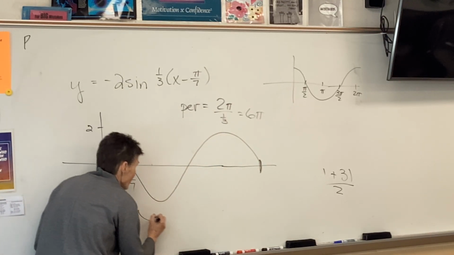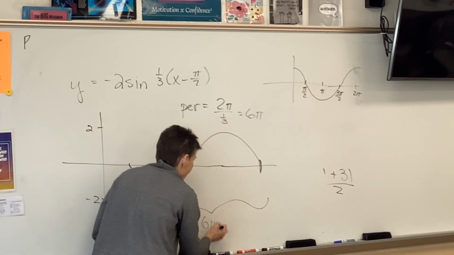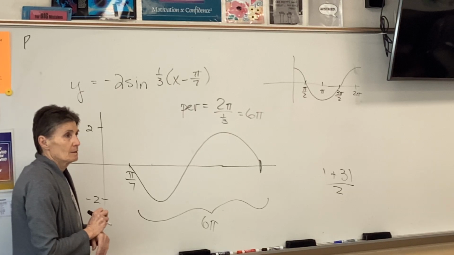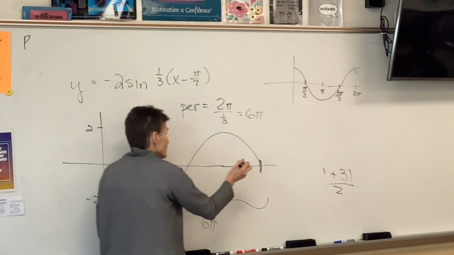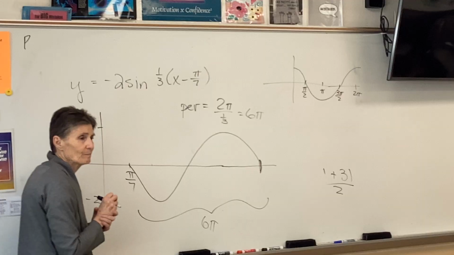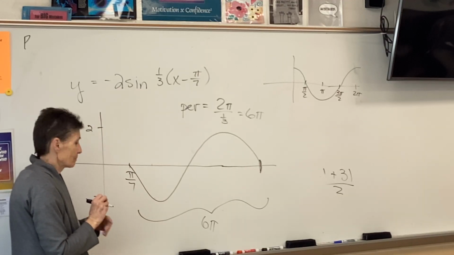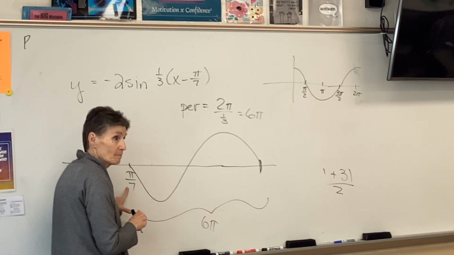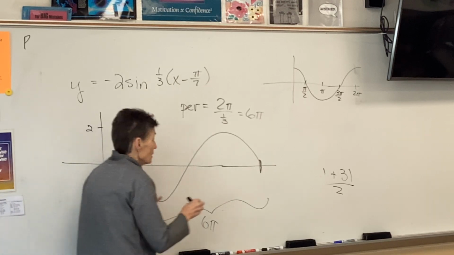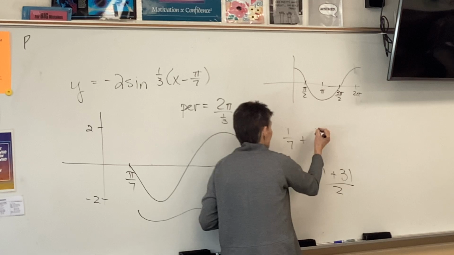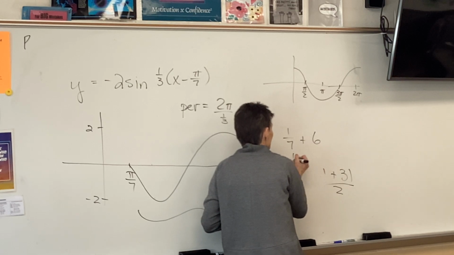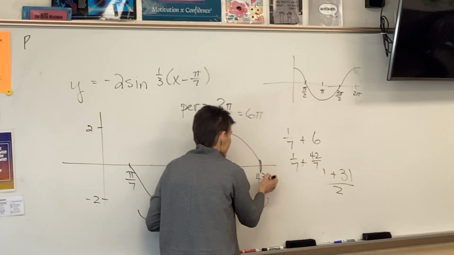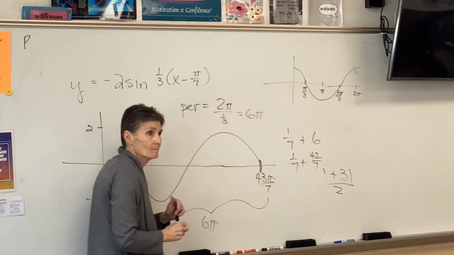It means from here to here is 6 pi. So how will I figure out what that is? 1/7 plus 6. That's 1/7 and 42/7. So will this be 43 pi over 7?